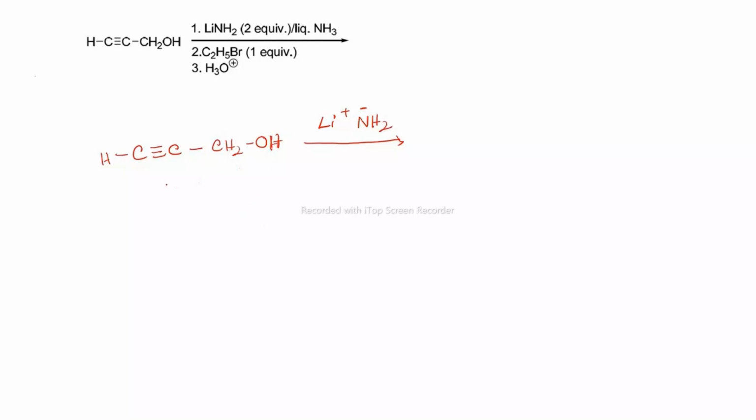Two equivalents. So this substrate has two acidic protons, this proton and this proton. We all know that the OH proton is more acidic than the acetylenic proton. So first this hydrogen will be extracted, then this hydrogen, and it will form a dianion.